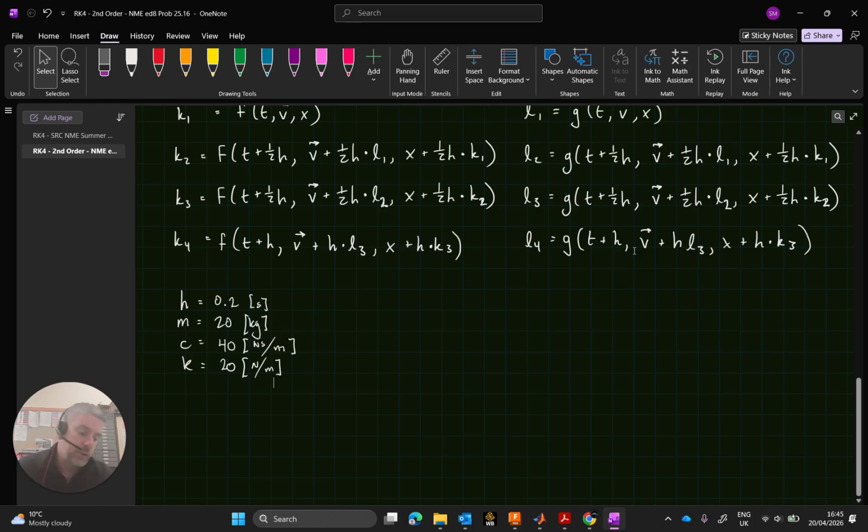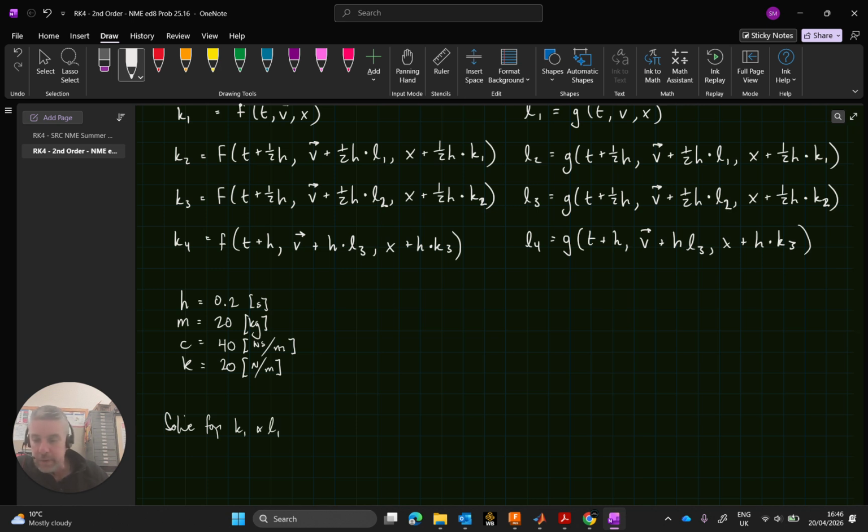I'm going to go back to my tablet. K1 is just a function value of t, v, and x, my current t, v, and x inputs. So let's solve for K1 and L1.